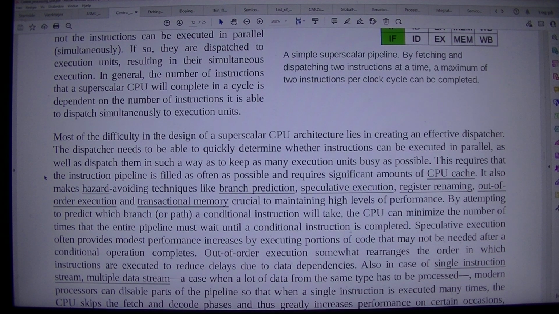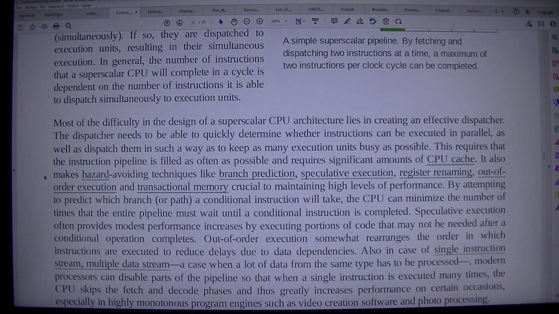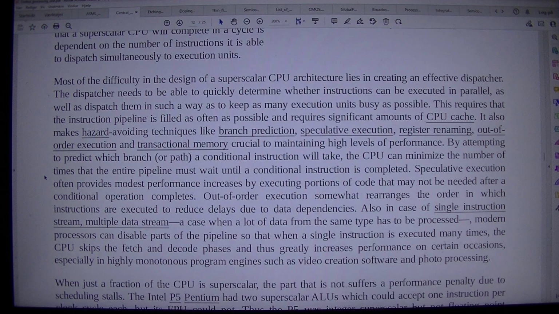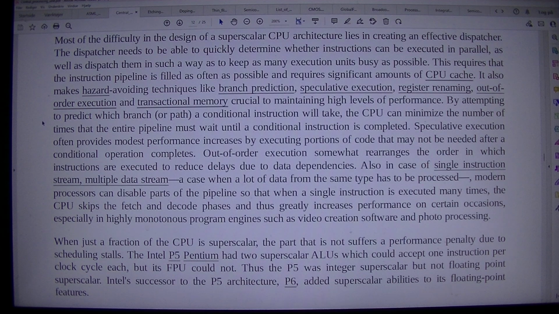This requires that the instruction pipeline is filled as often as possible and requires significant amounts of CPU cache. It also makes hazard-avoiding techniques like branch prediction, speculative execution, register renaming, out-of-order execution and transactional memory crucial to maintaining high levels of performance.